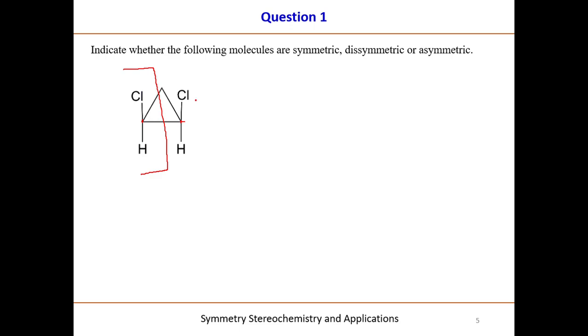And an SN axis is also present here, rotation followed by reflection. Because an SN axis is present, this molecule is symmetric and achiral. Symmetric and achiral, because the SN axis is present.